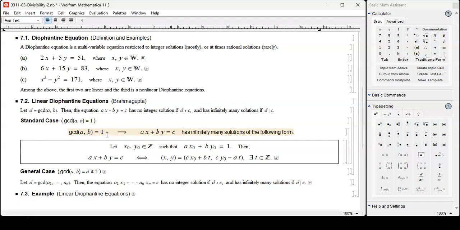And then what are x0 and y0? The linear combination expression from Bézout's theorem. So GCD is 1, so we end up with x0, y0 like this. And how do you find x0, y0? If you remember the Euclidean algorithm, you should be able to find it like that.